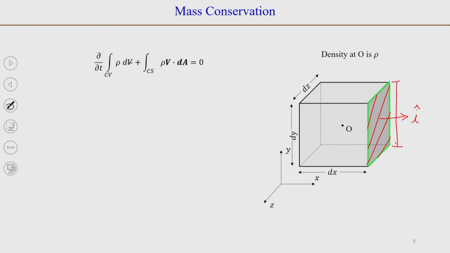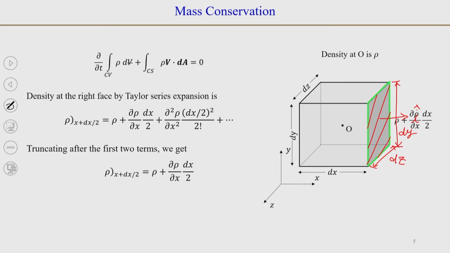This is an x plane, so it will be in the yz plane. So, this dimension is dy and the other dimension is dz. So, dA will be dy dz into i.